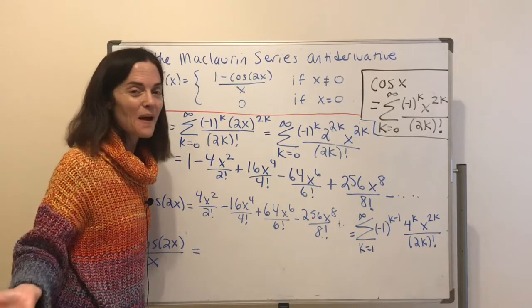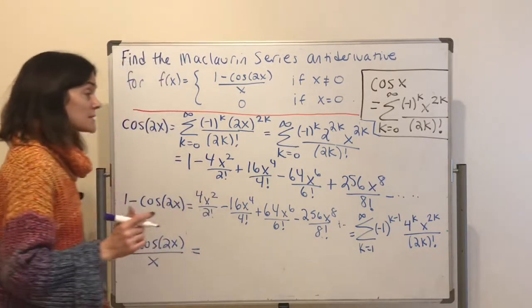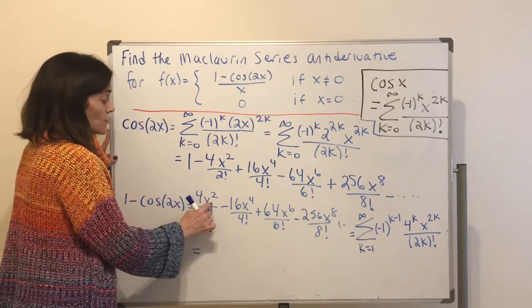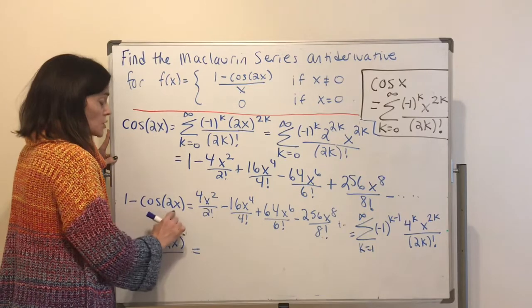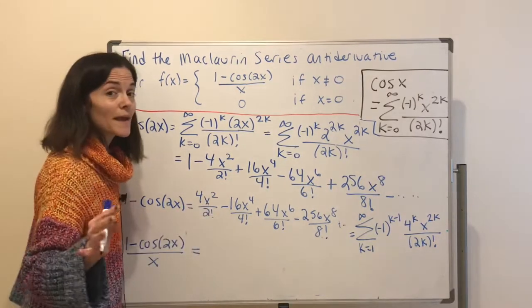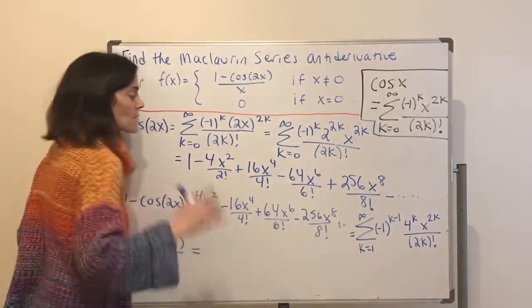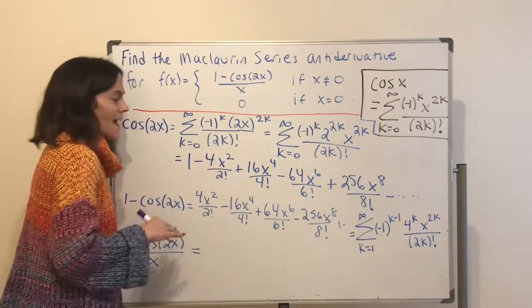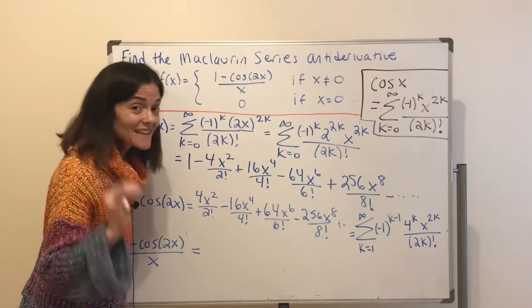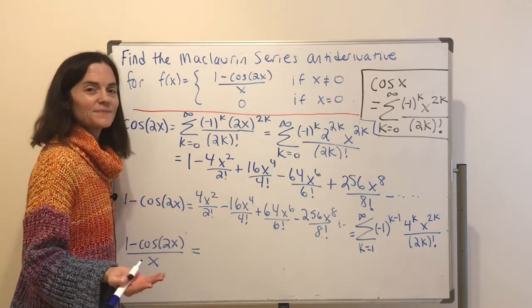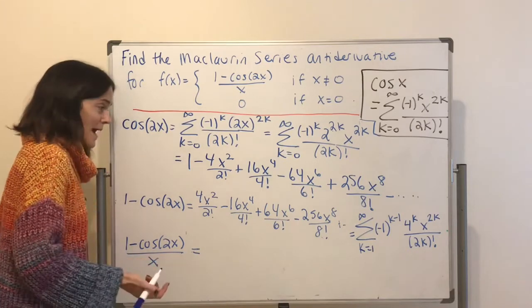They don't exist in polynomials. But even looking here, the lowest degree we see in 1 minus cosine 2x is an x squared. So if you divide each one of these by x, or equivalently multiply through by x to the -1, we still have powers that are non-negative. So this is not problematic.